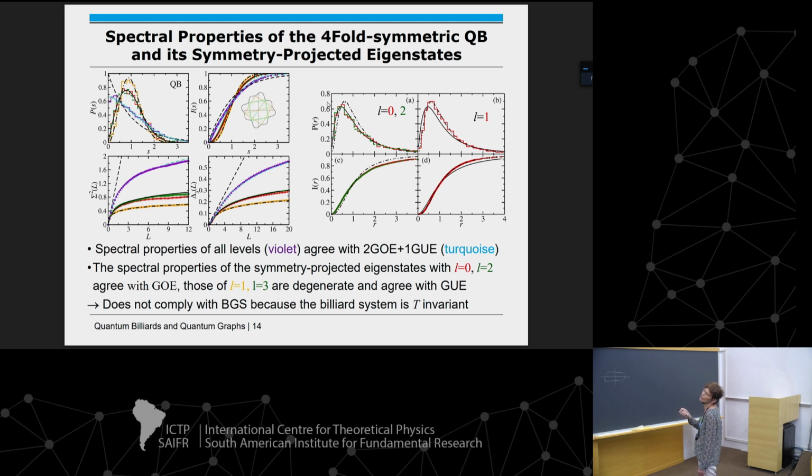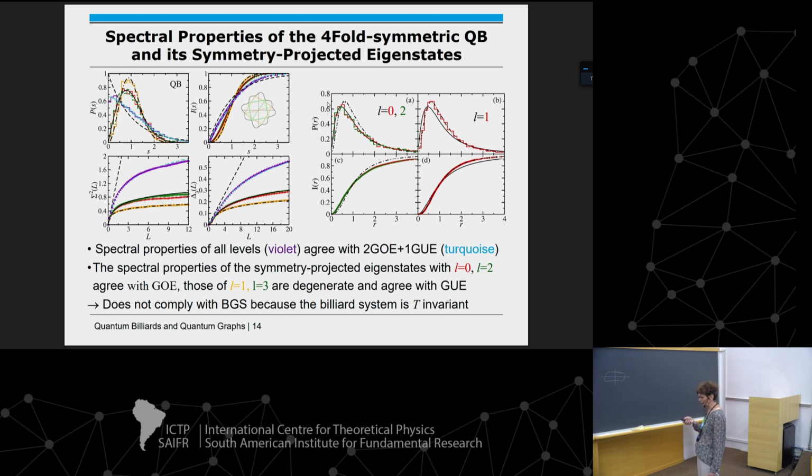And from the other one, because the eigenvalues are degenerate, you have 1 GUE. So the turquoise curve is 2 GOE plus 1 GUE, and the violet curve is when you take all eigenvalues of your four-fold symmetric system. Of course, 1/4 is missing because they are degenerate, so you don't see them in spectral statistics.